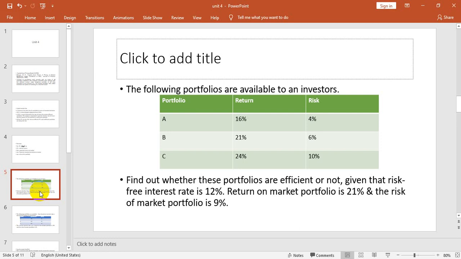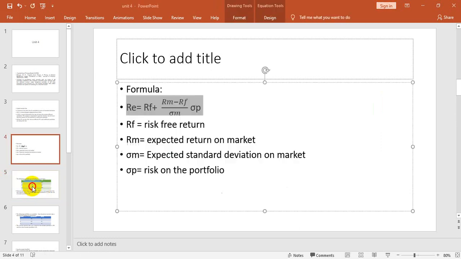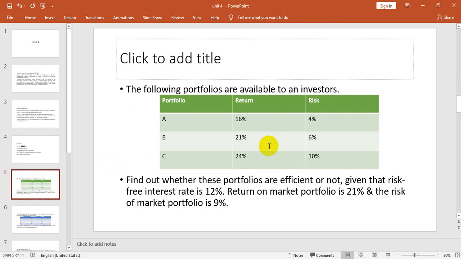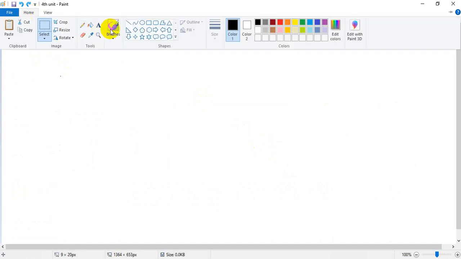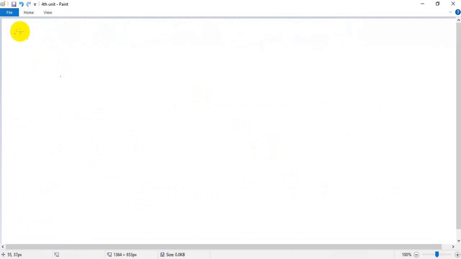What I'm going to do is better I'll copy this. So A's return is 16% and risk is 4%.